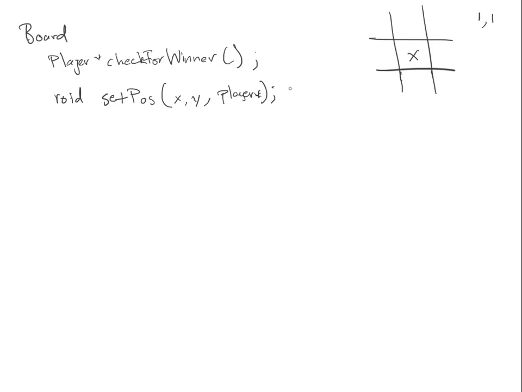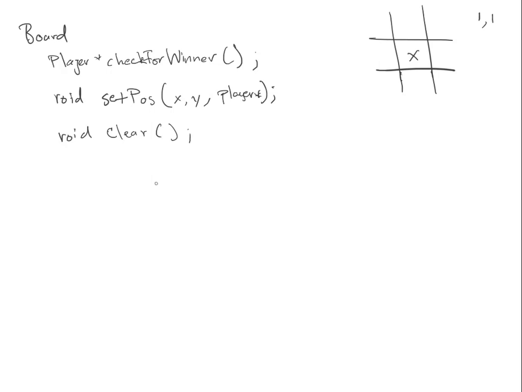But we're also going to need a clear board. So let's go ahead and create a clear function. Wow, I hope this isn't too messy for you guys. Let me rewrite that. That's pretty bad. Okay, clear. That's a little bit better.